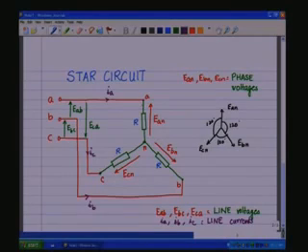And if we take, let us say, the current here as I A P and the current here I B P and the current here as I C P. Okay.